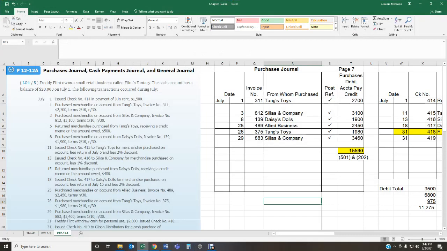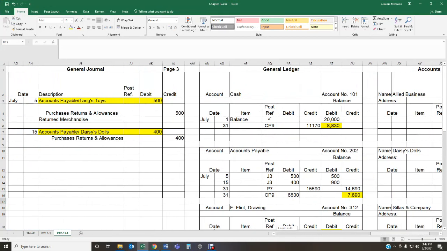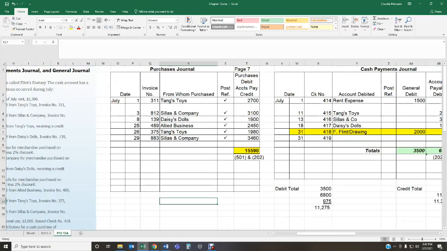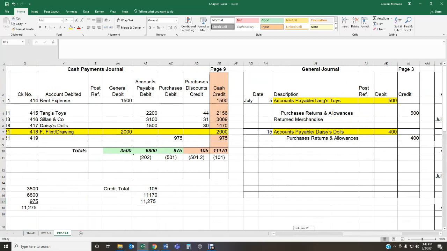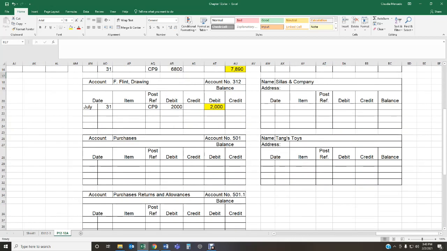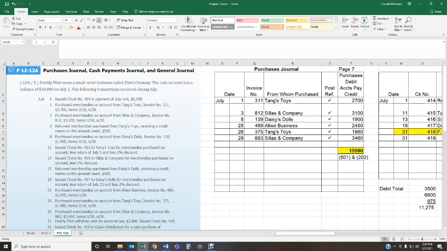So purchases, let's go back to our general ledgers. Purchases is account number 501. We're going to enter the transaction from the total, $15,590. Let me look for the ledger for purchases. Here we go. This is happening July the 31st, coming from Purchases Journal number 7, $15,590.